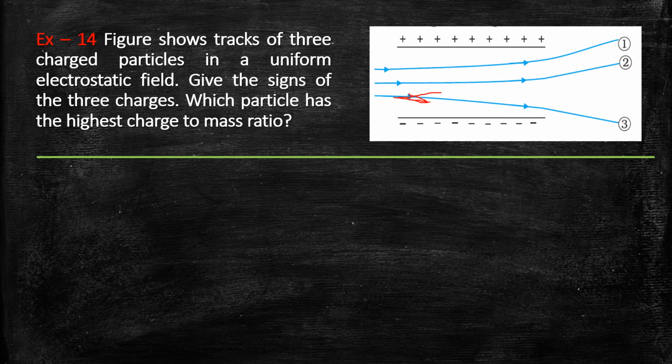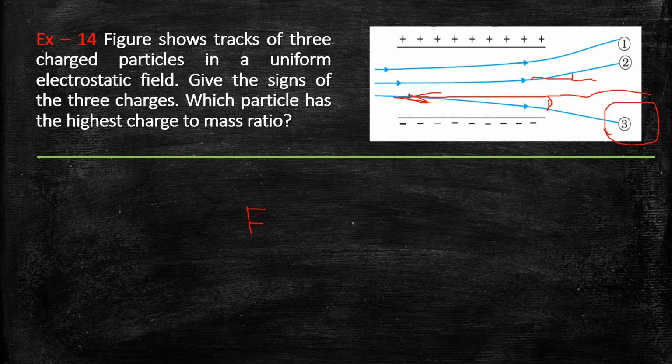Ideally it was supposed to go straight, but because of the electric field, it got deflected by this angle. Which is not the case with first and second. In the first and second case, this angle is smaller. So you can say that the third particle underwent more deflection as compared to first and second. So one thing is for sure, the third is a positive particle and first and second are both negative particles.